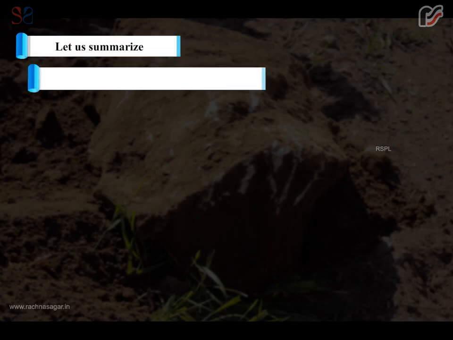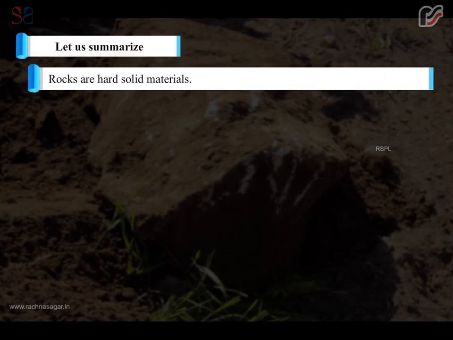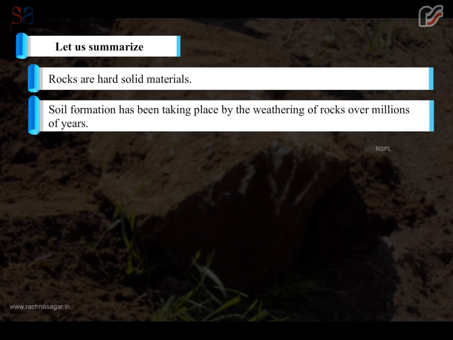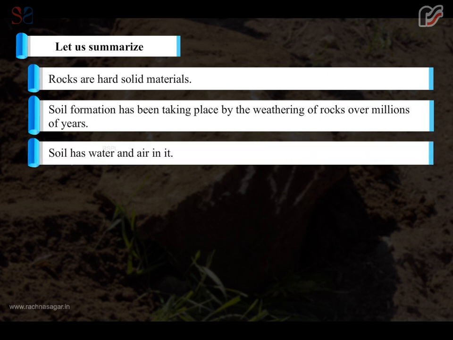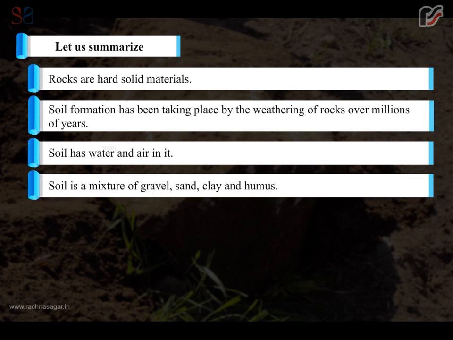Let us summarize. Rocks are hard, solid materials. Soil formation has been taking place by the weathering of rocks over millions of years. Soil has water and air in it. Soil is a mixture of gravel, sand, clay, and humus.